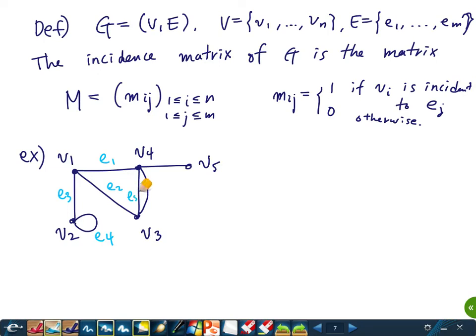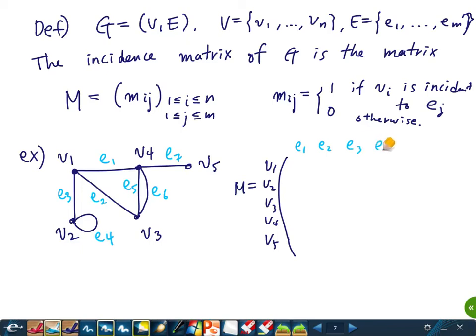I think it's a little confusing, so this is E2, E5, E6, and E7. Then the incidence matrix. So the rows are labeled by the vertices, V1, V2, V3, V4, V5. And the columns are labeled by the edges, E1 through E7.